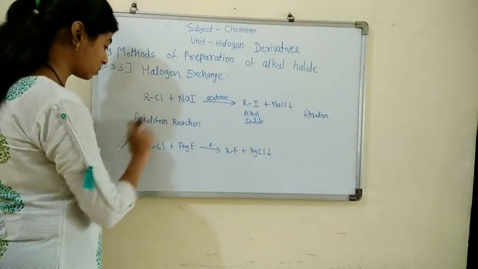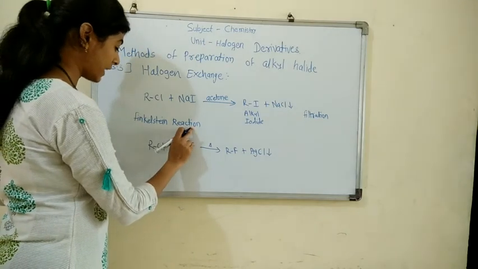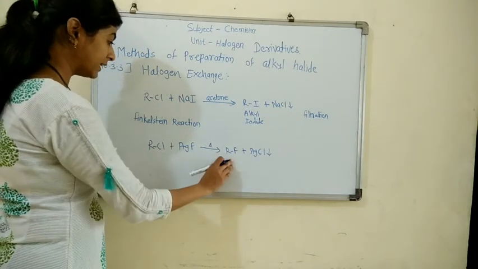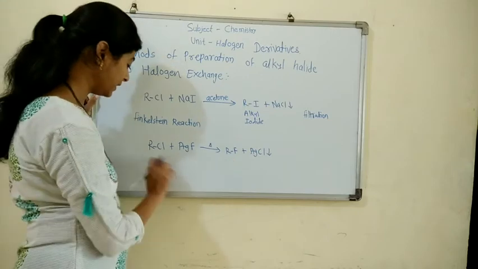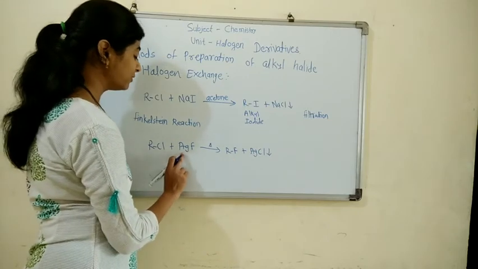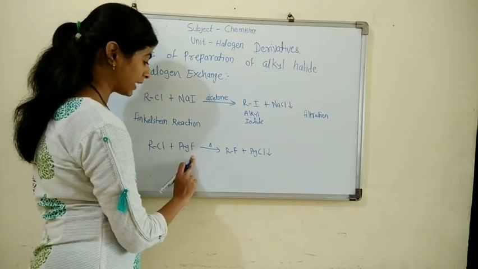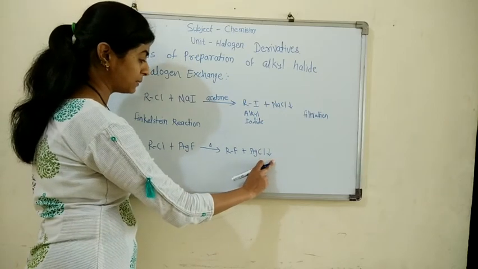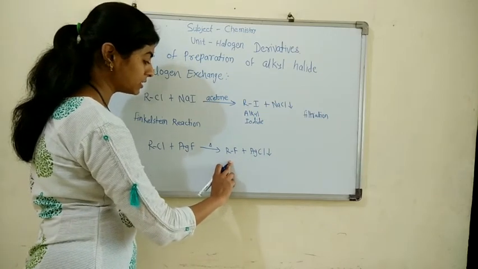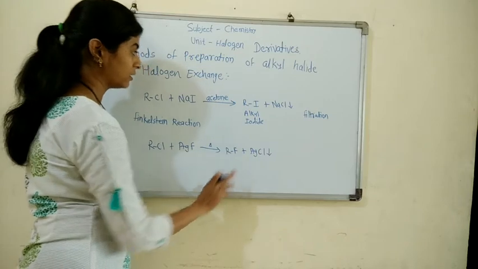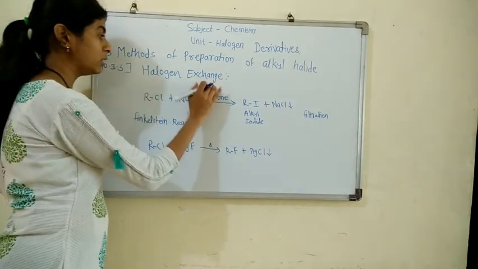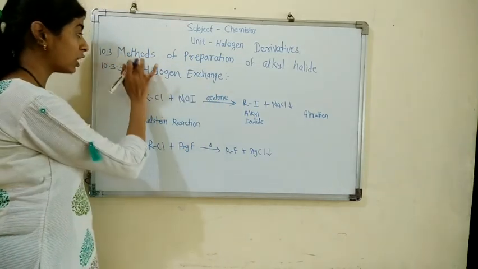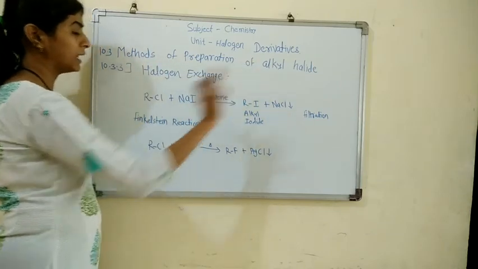This reaction is called the Finkelstein reaction, whereas alkyl fluorides are formed by heating alkyl chloride with silver fluoride. So AgCl gets precipitated and the product is alkyl fluoride. So this is the halogen exchange method for the preparation of alkyl halide.